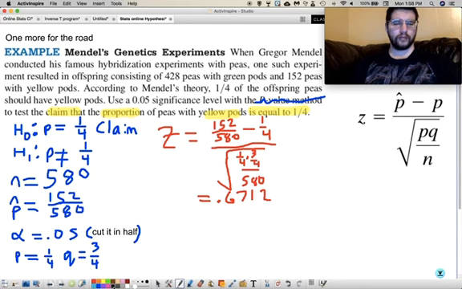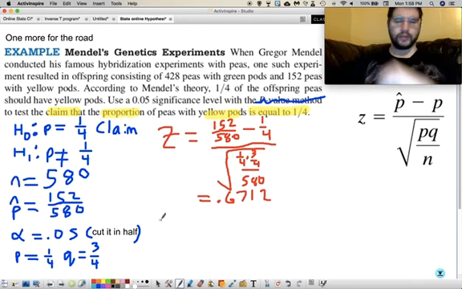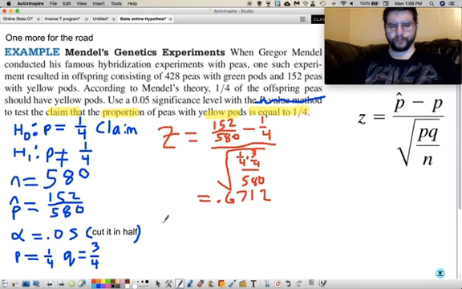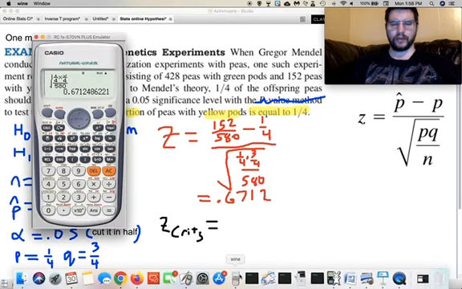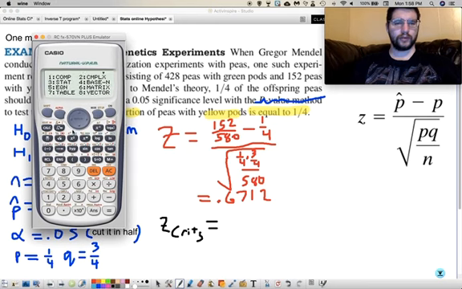All right. Now I need my critical value. So my Z critical value. And actually, it's a two-tail, so we have two values. Again, let me grab the calculator.